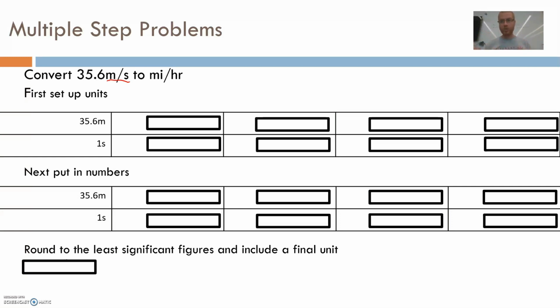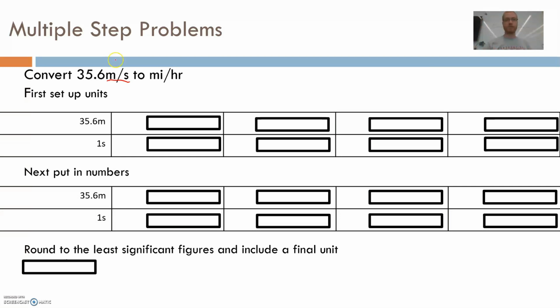So the way that you would put that into your dooflachi, that's where this bottom box comes in. There's 35.6 meters in 1 second. That's where this bottom box is going to come in, with a derived unit. Then what you have to do is convert each one of those things separately.